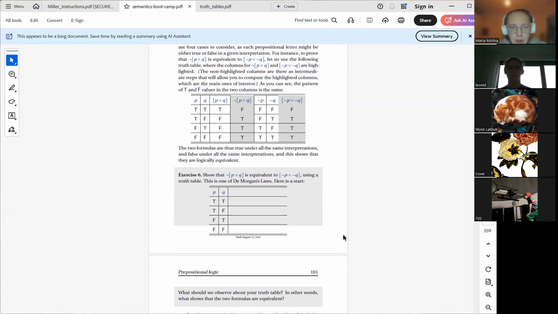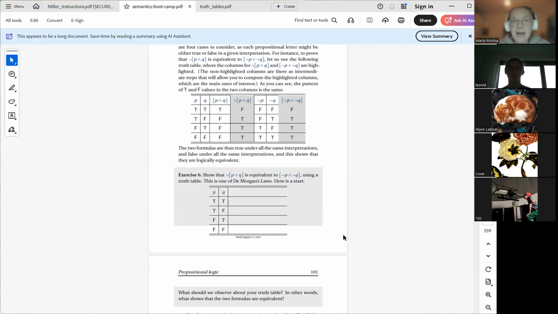Which means that negation of P and Q is equivalent to negation of P or negation of Q. All right?